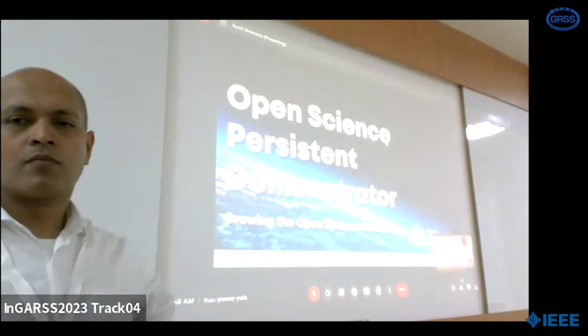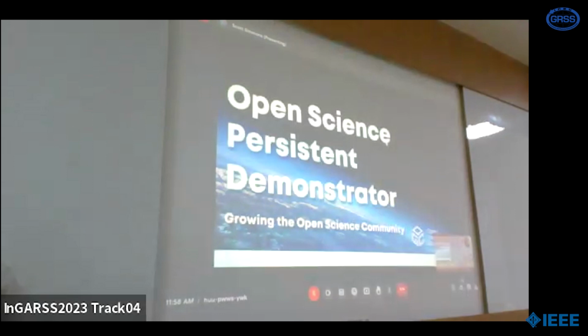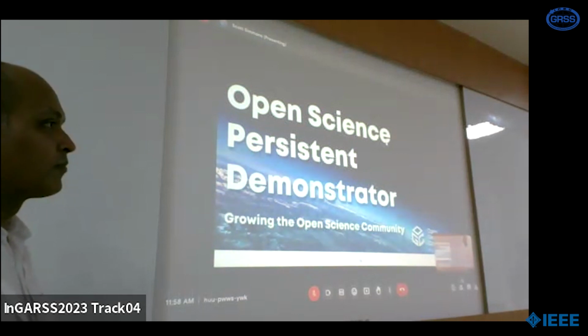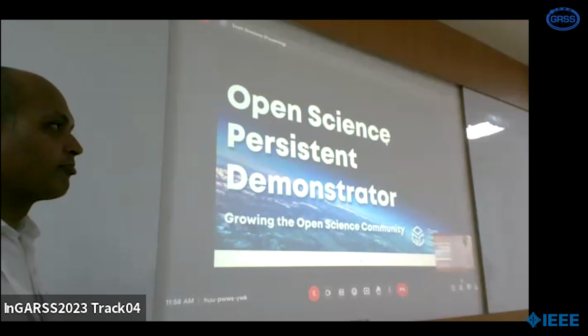And so one of the things we want to do to help the community understand how analysis-ready data might be used is stand up an open science persistent demonstrator. This demonstrator has two elements. One, data. Data that are analysis ready, data that have been prepared for the community to use for analysis. And those data are tagged. They have metadata that tell you for what type of analysis they're suitable.